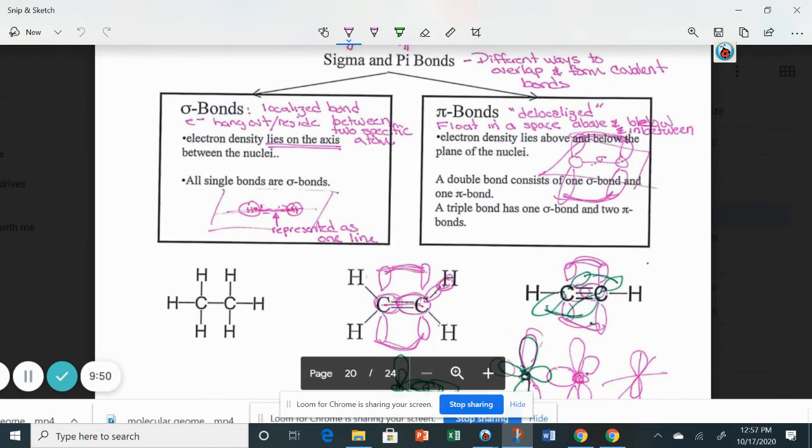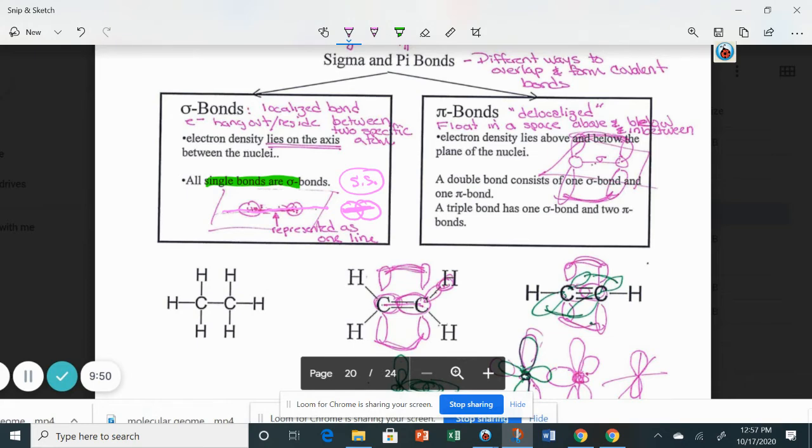Single bonds are sigma. Okay? That means that you're looking at the axes between the two and that they are shared along that axis. They overlap on an axis and they're connected in a single bond. That's the sharing.